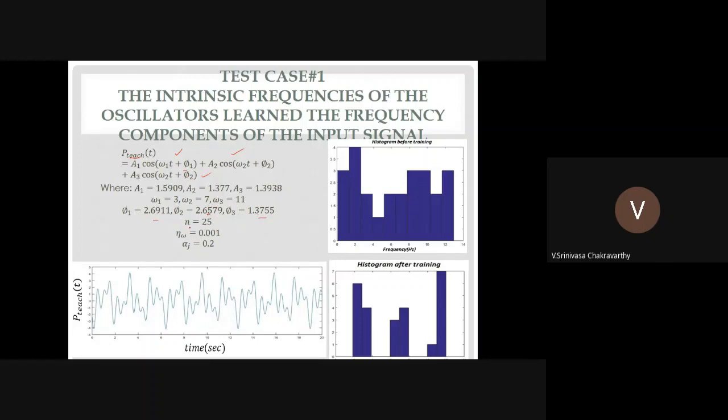Then to train this, we are taking a network of 25 oscillators. This is the number of oscillators, and this is the learning rate for the omega frequencies, and alpha j's are initially kept constant at 0.2. This training is done in two stages.